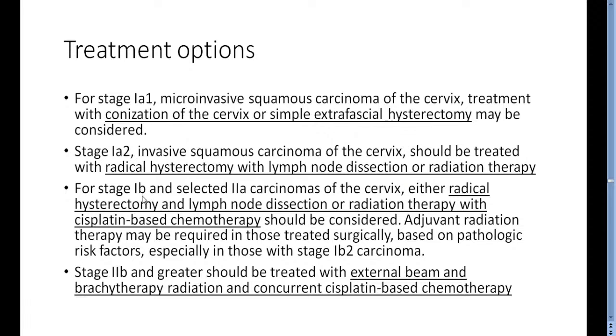For stage 1B, radical hysterectomy with lymph node dissection, or radiation therapy with chemotherapy should be considered. For stage 2, external beam and brachytherapy radiation with concurrent chemotherapy is recommended.